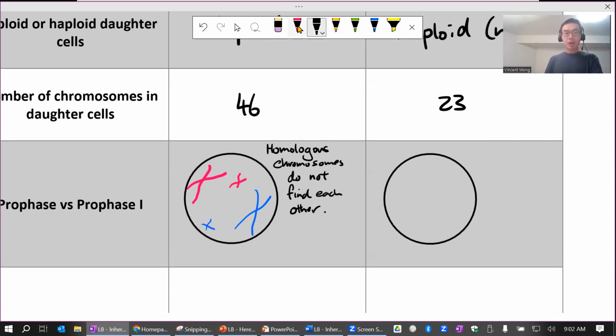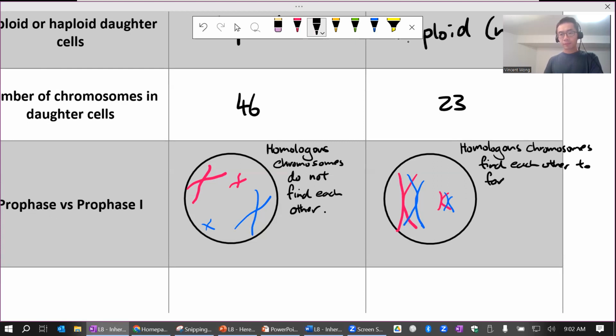On the other hand, in meiosis, we just learned that the homologous chromosomes will find each other and form the tetrad.